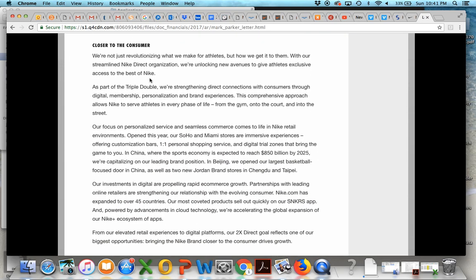They talk about how to sell directly to consumers, and that's important because if you're potentially going to buy a pair of Nike sneakers, let's say they're $100, they're probably going to be $100 on the Nike website, and $100 in Foot Locker and anywhere else that you might buy them.